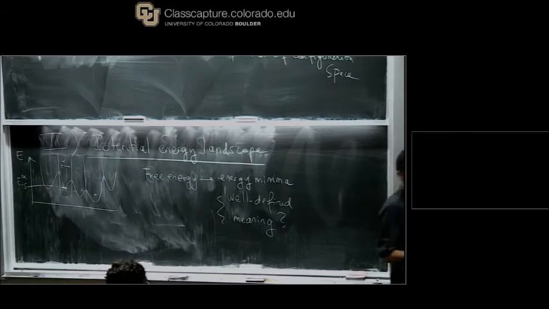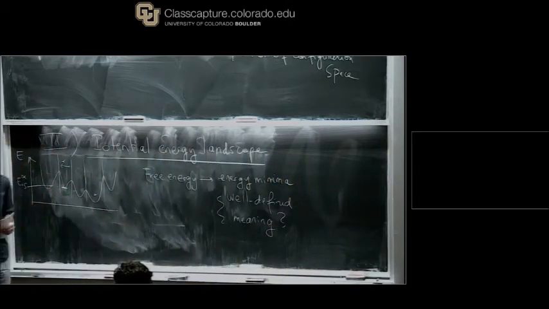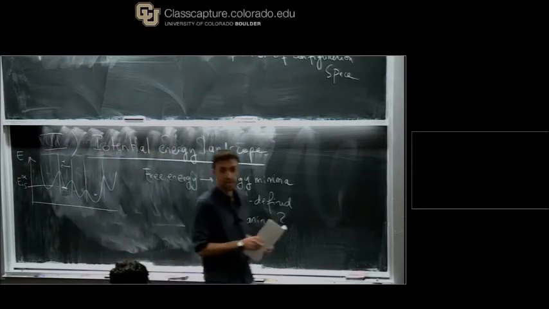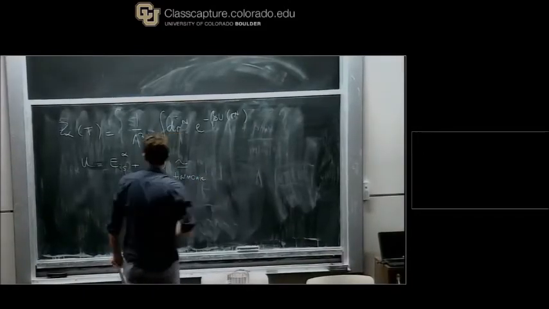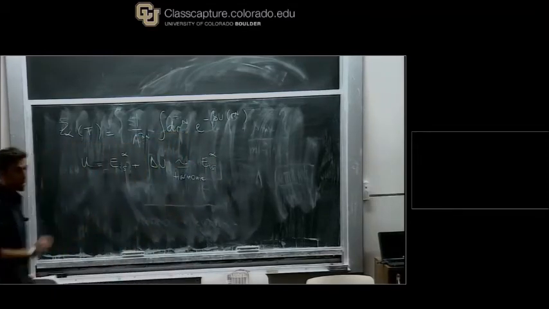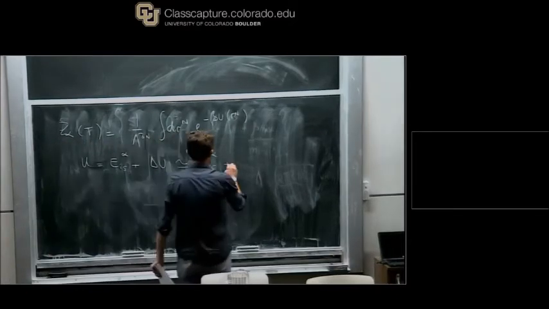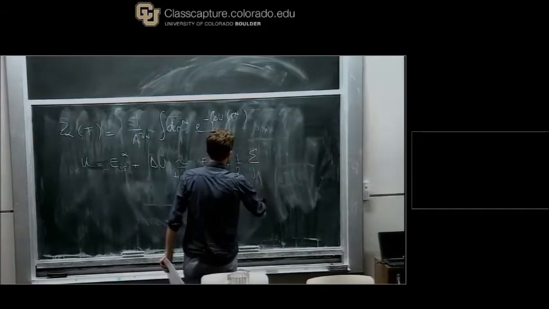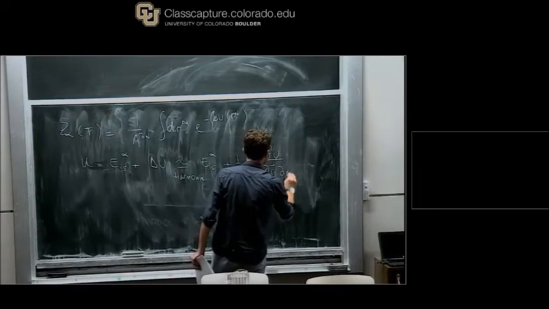Okay, and I said the energy is very close to this one, and I have essentially a further approximation. I will assume that I have something like harmonic vibrations around this energy minimum. So you do the harmonic approximation. And you write down that this energy is the energy of the minimum. Because this is a minimum, the first order term of the expansion disappears, and you're left with the second order thing, which is a sum over i, j.